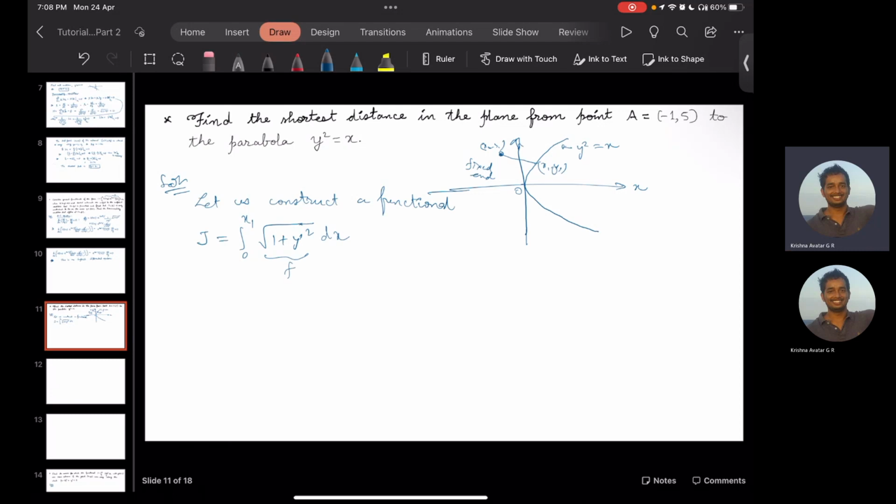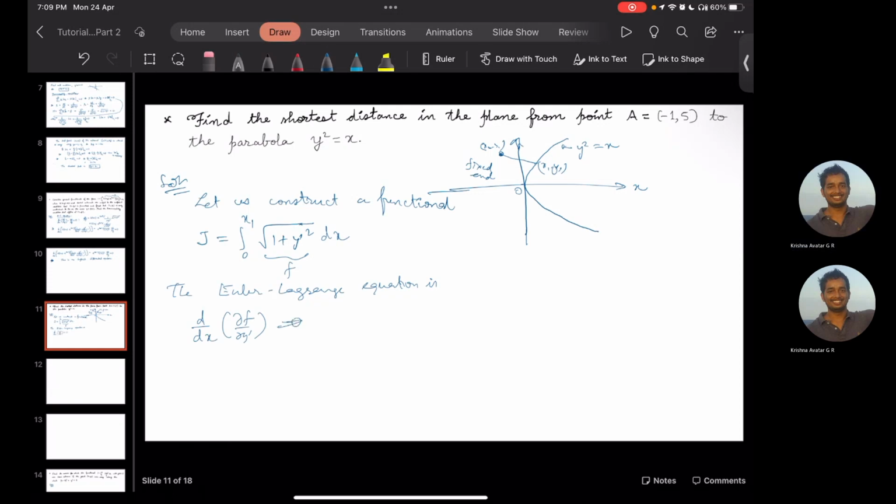Let's call the integrand our function f. So the Euler-Lagrange equation is d by dx of del f by del y prime minus del f by del y equal to 0, but the del f by del y term is 0, so this implies that del f by del y prime is equal to a constant.